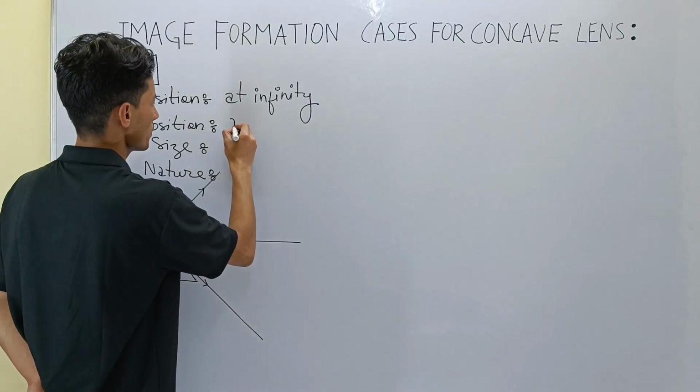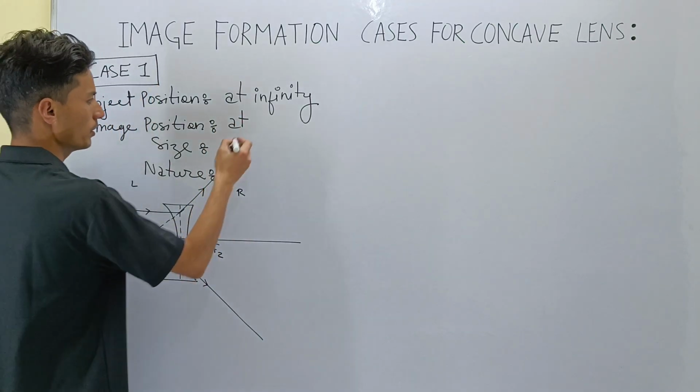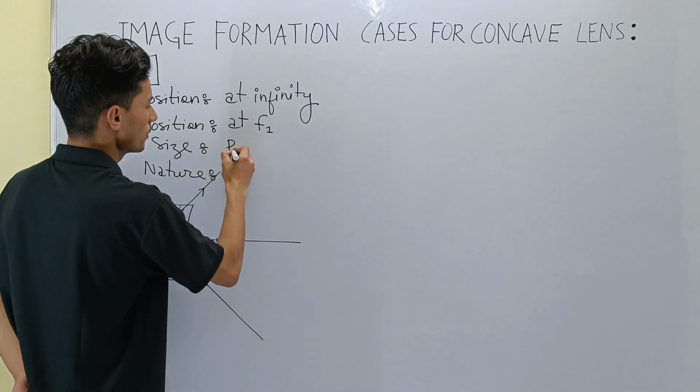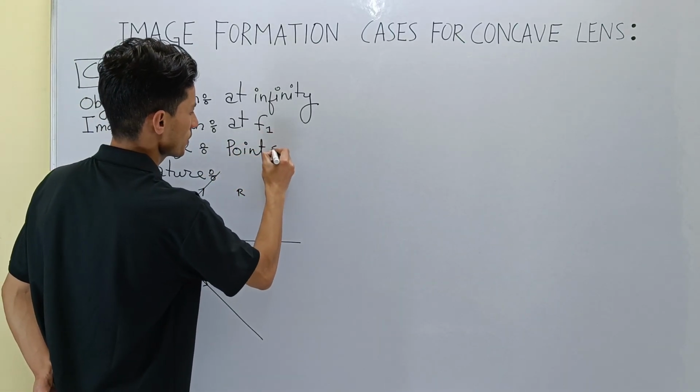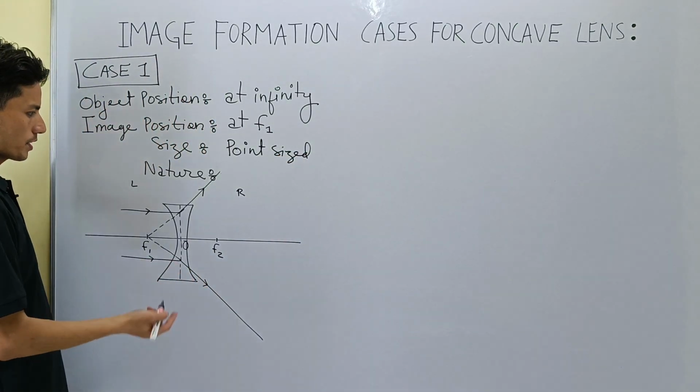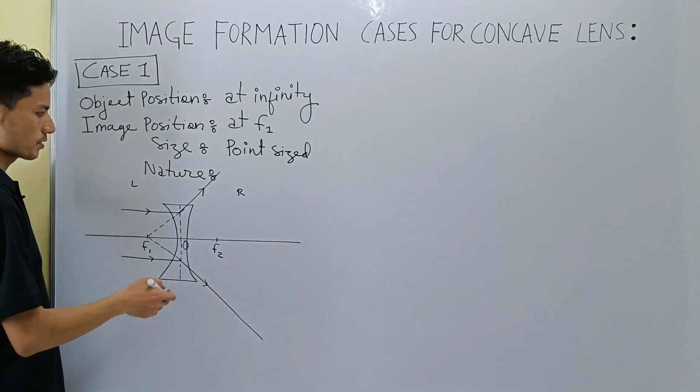Then image position at f1. At f1, size, point size, is it not? This is point size. In case 1, for convex also it was point size. For both the mirrors also it was point size only.